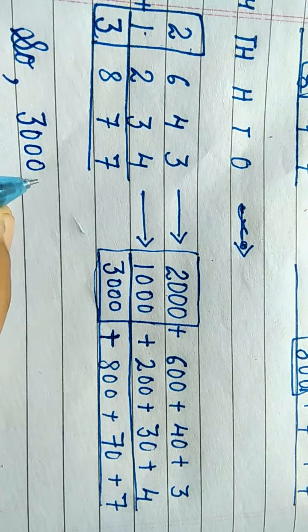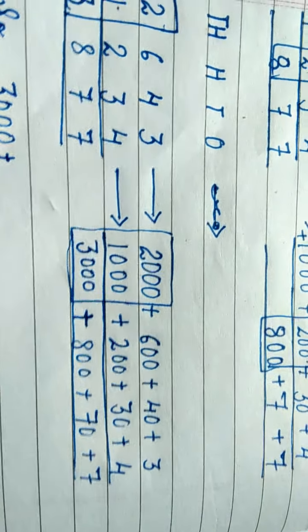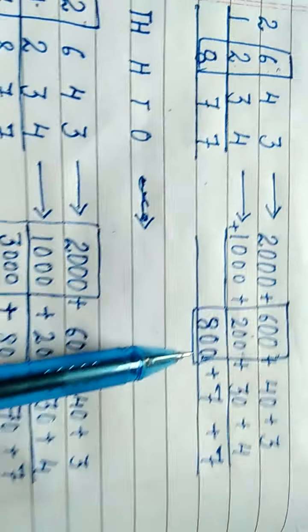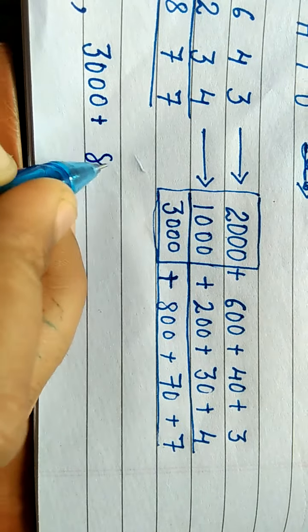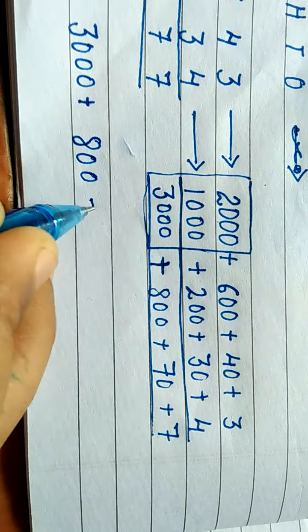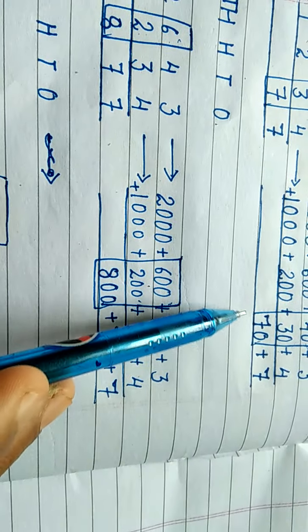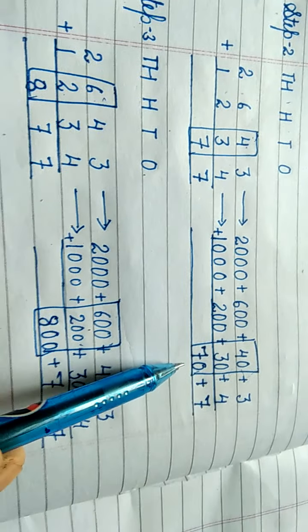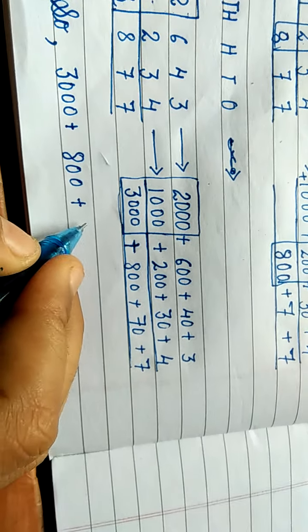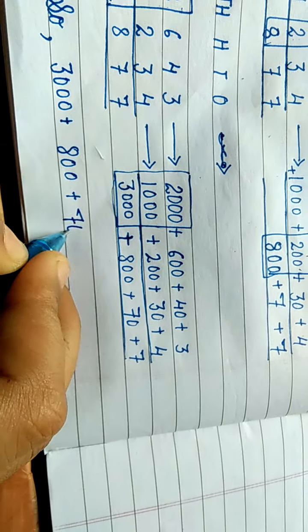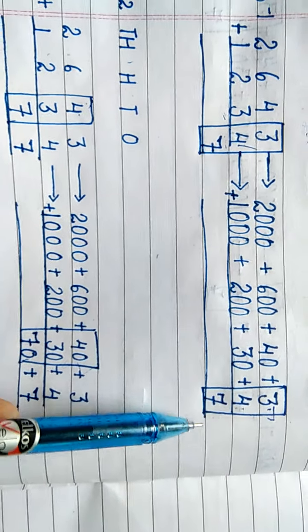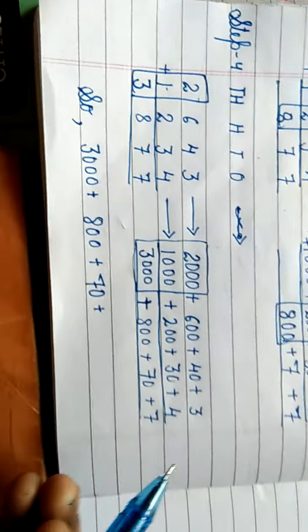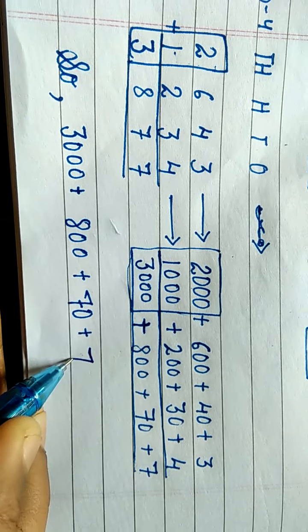Write down 3000. And in step 3, the highlighted answer is 800. Write 800. In step 2, the highlighted answer is 70. So we will write down 70. And last, in step 1, the highlighted answer is 7. So write down 7.